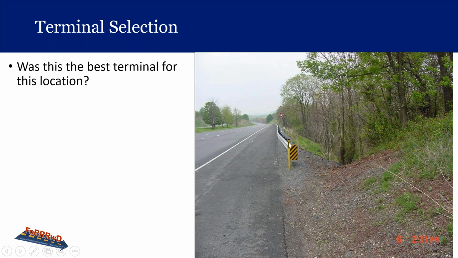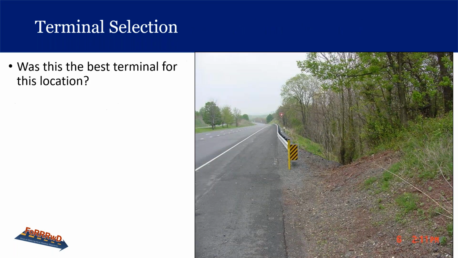And the guardrail, they have an object marker here. And they're commenting buried in back slope could be used, bury the end in the back slope, buried, embedded. Yeah, because definitely something needs to be done, right? One person did say no, should be extended further.